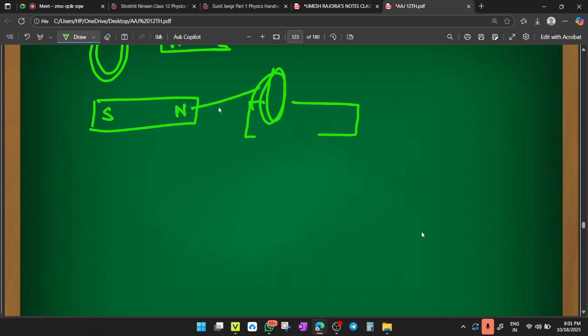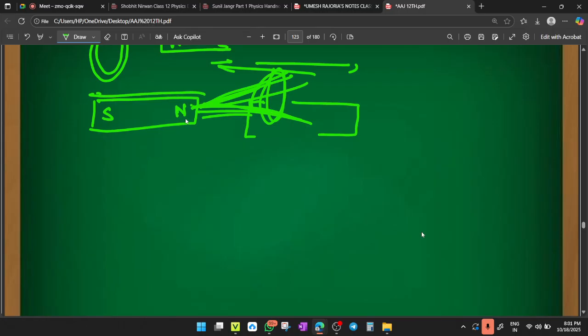In the second experiment, Faraday kept the magnet at rest and moved the coil setup towards the magnet and far away from the magnet. So you see, every time there is a change of flux. The important thing is the change of flux; it doesn't matter whether you are moving the magnet or moving the coil. So he got the same result.